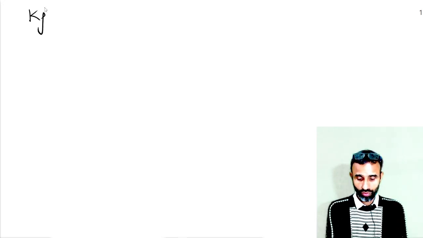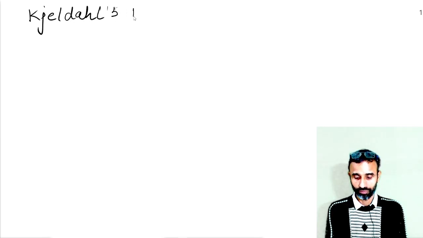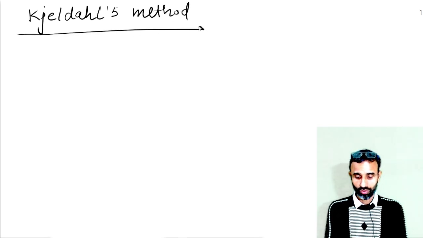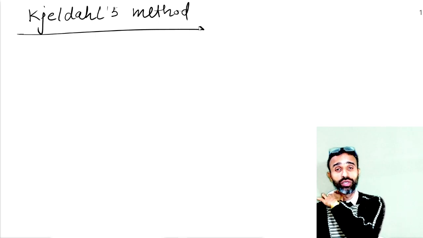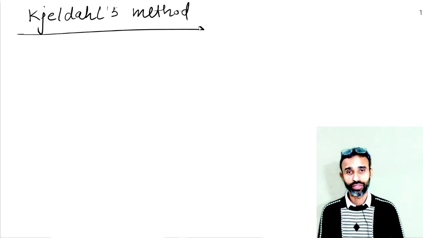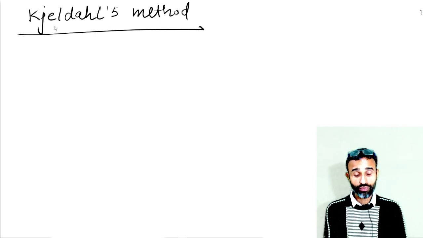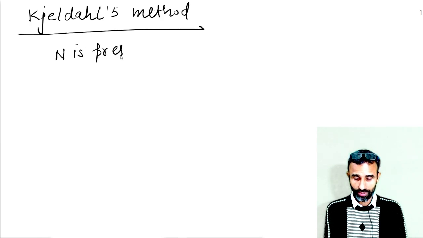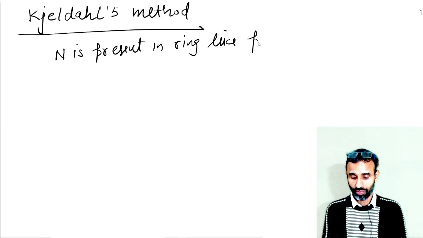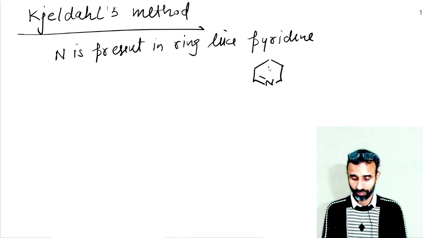Then come to Kjeldahl's method. Kjeldahl method is again used for the estimation of nitrogen in the organic compound, but there are few compounds where we cannot apply it, like if nitrogen is present in a ring, like pyridine or quinoline.